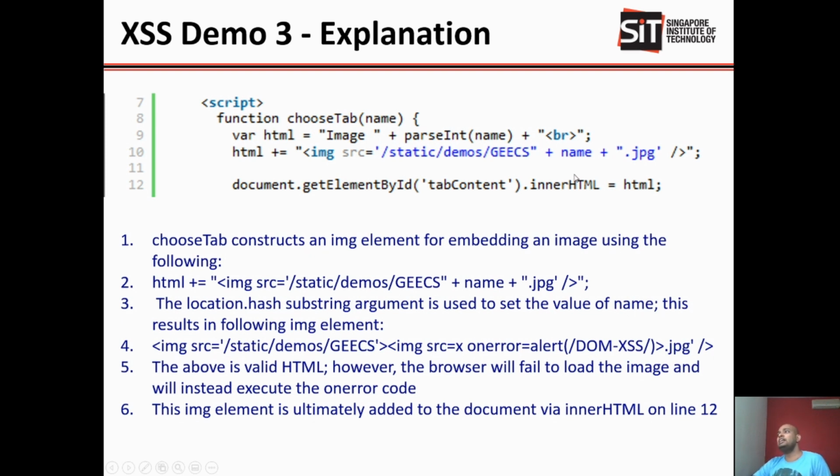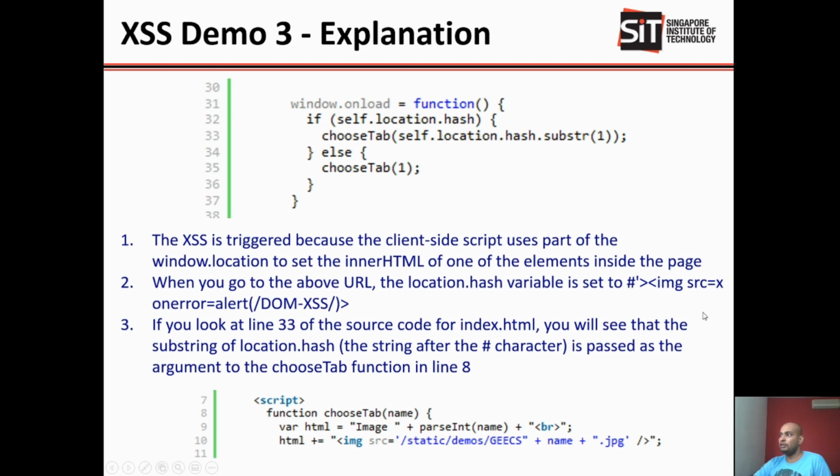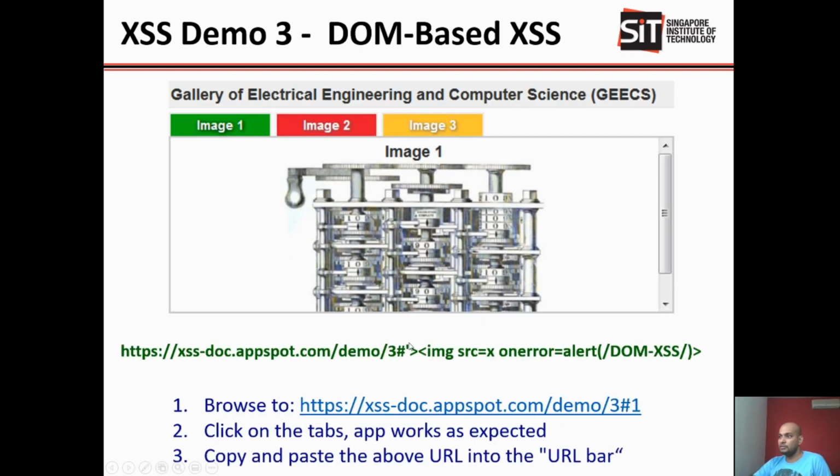When we change this name to a big string like this, there is no such file that exists on the server. So it becomes image source equal to static demo GCS, and instead of 3.jpg, it becomes this big string, image source x, etc. But over here, the string that we gave comes with a single quote and a bracket.